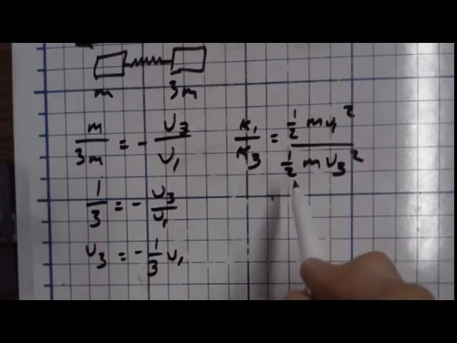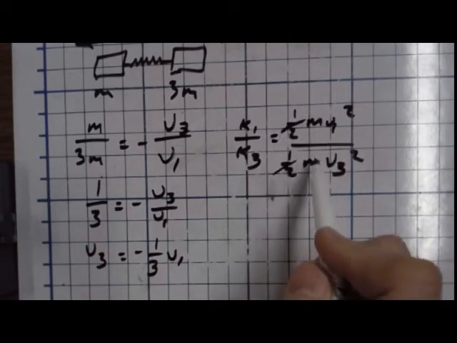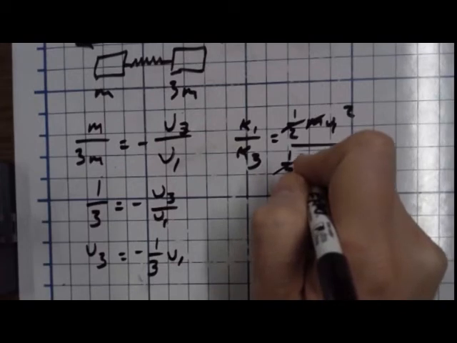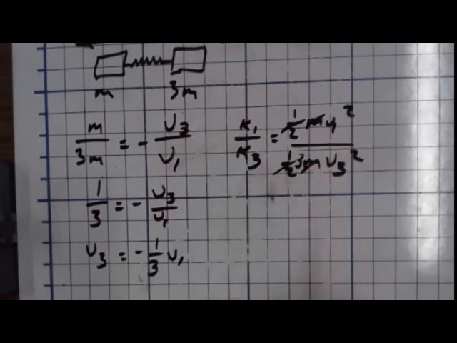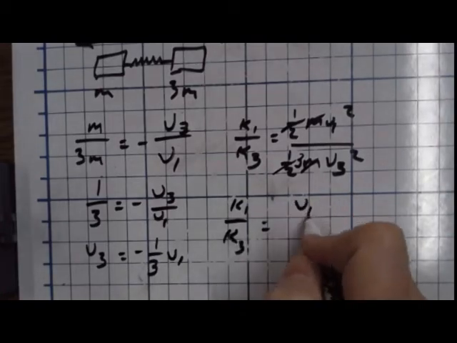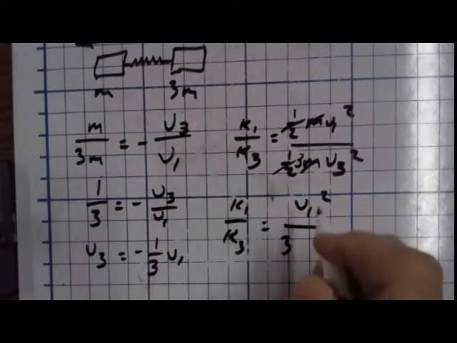Well, I could see that the 1/2 and the 1/2 and the m all cancel out. Oh, there should be a 3 there. But the 3 doesn't cancel. So that means K1 over K3 is V1 squared over 3 V3 squared. Okay, that looks good. But then I also know that I just figured out the relationship between V3 and V1.